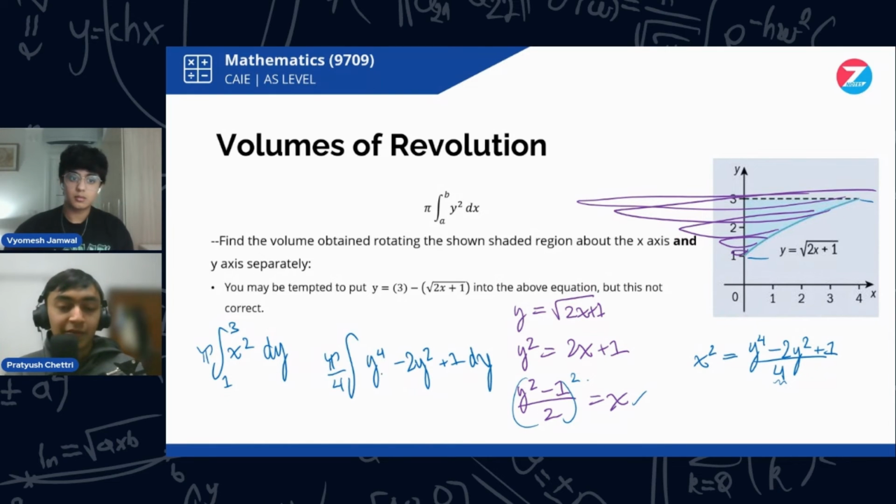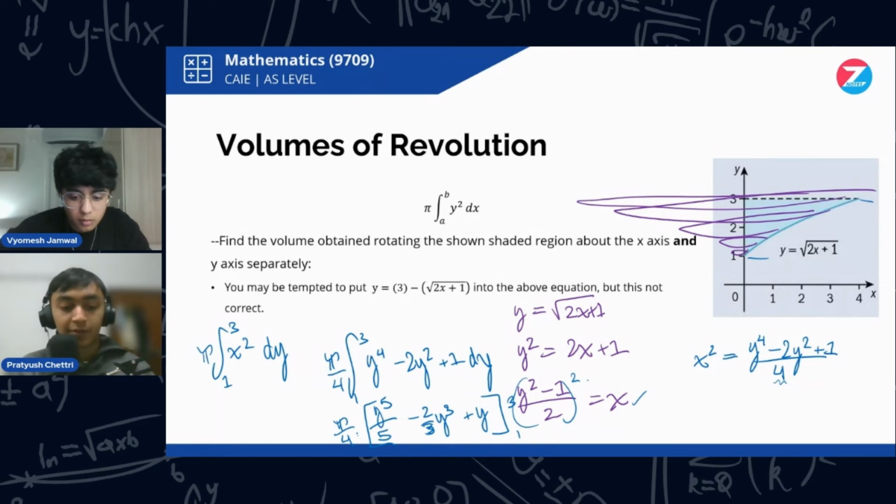You guys can solve that, or since I've come this far, let's just finish it. Y power 5 by 5 minus 2 by 3 y power 3 plus y, from bounds 1 to 3, pi by 4. Always write your bounds.